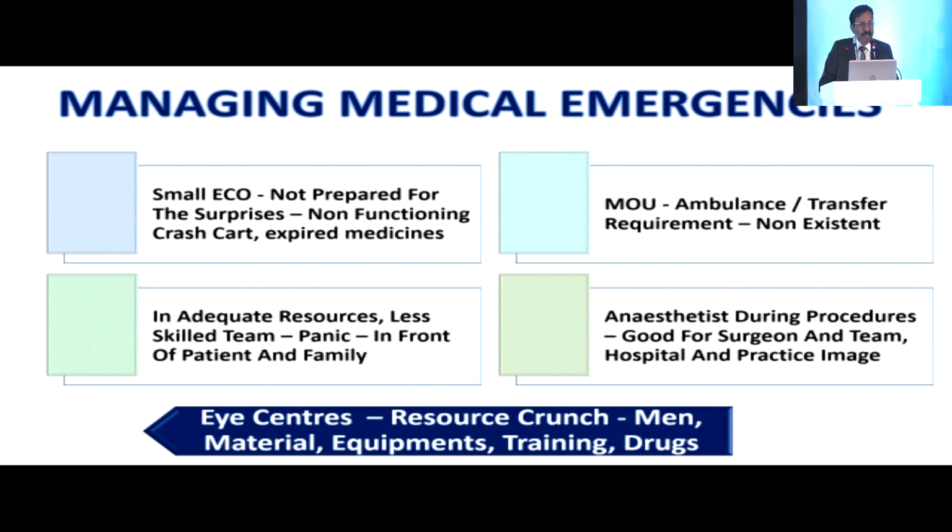And the team is not prepared, with either a single doctor or a two-doctor team. The moment there is a medical emergency, they panic, and that all happens in front of the patient and their family. There is also non-availability of a physician or anesthetist during complex procedures. Basically it is a resource crunch, particularly men, material, equipment, and lack of training makes things worse.